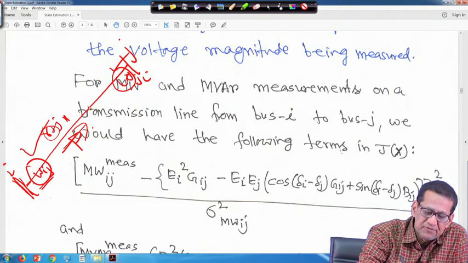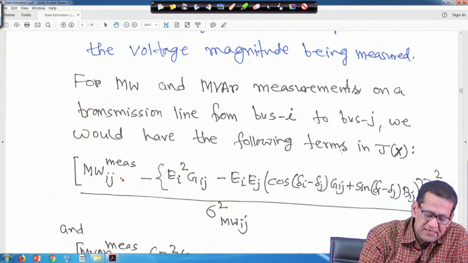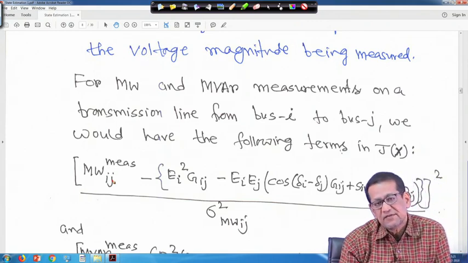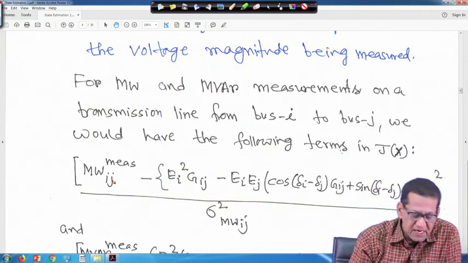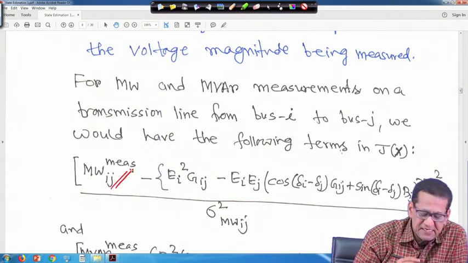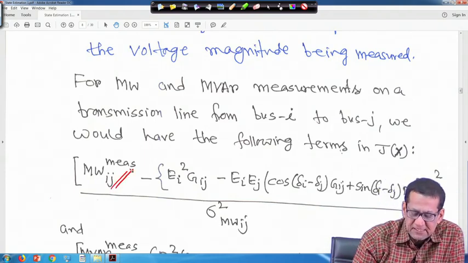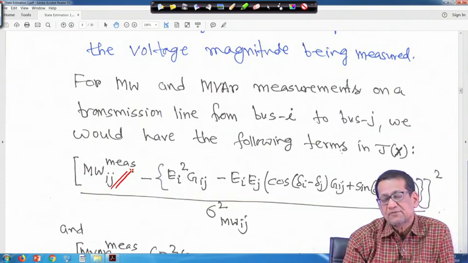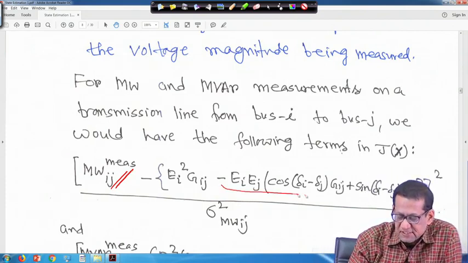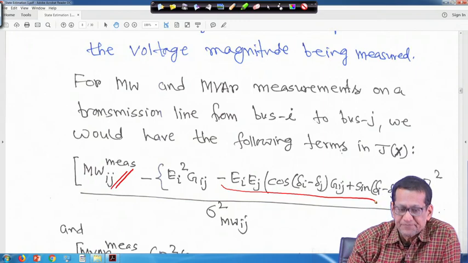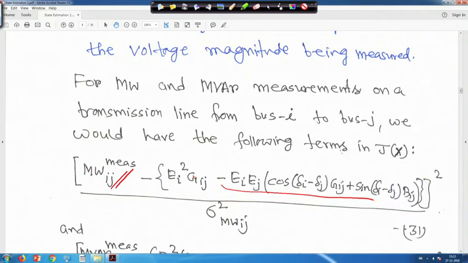Similarly, when you measure power, megawatt Ij, you have to place the meter in the line near bus I, and that is your megawatt Ij measurement, right. Power is flowing from bus I to j, so I have used this equation: Ei square Gij minus Eij in bracket Gij into cosine of delta I minus delta j plus Bij sine of delta I minus delta j, whole square.